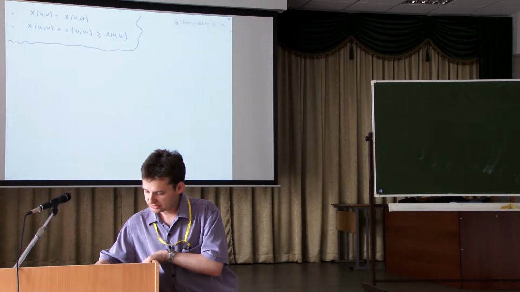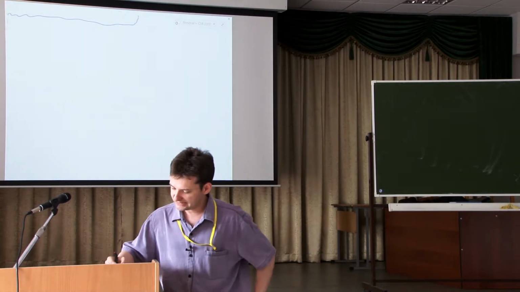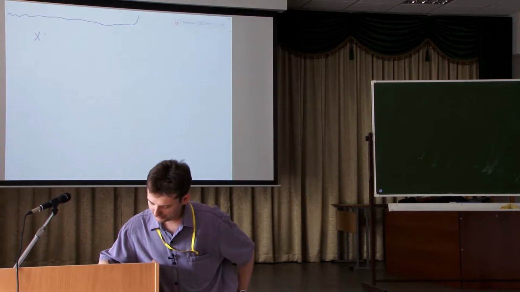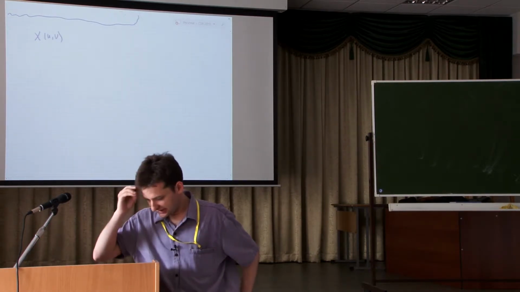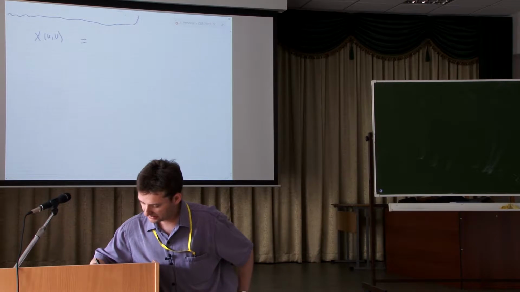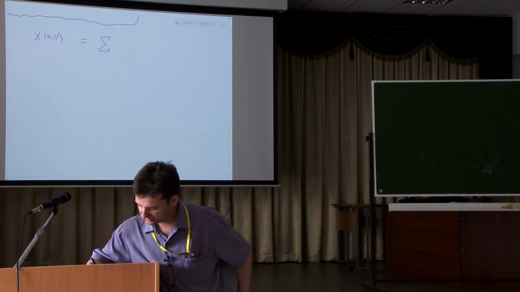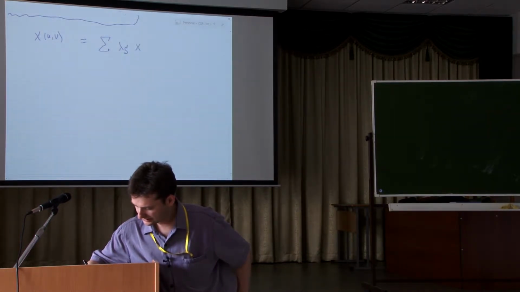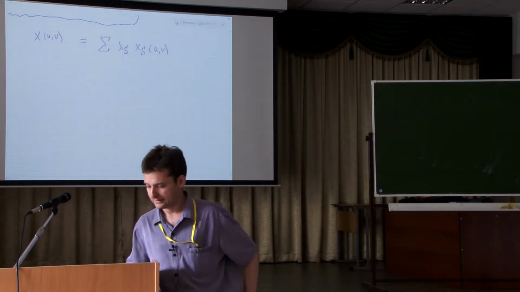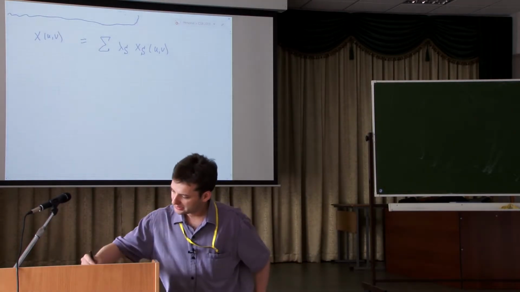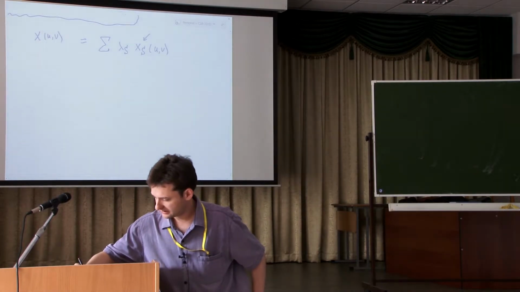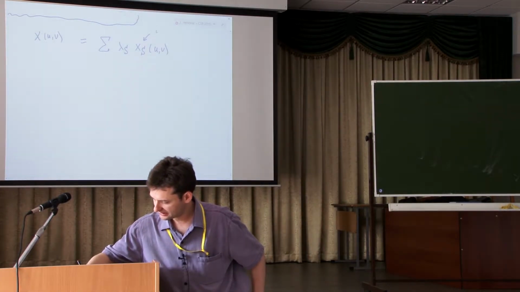So we will look at metric spaces that can be expressed as a combination, sum over S of lambda_S x^S_uv, where x^S_uv is a cut metric.